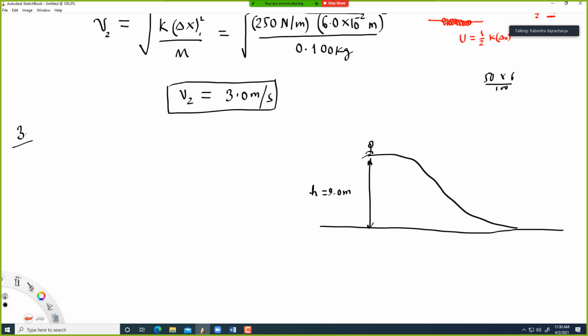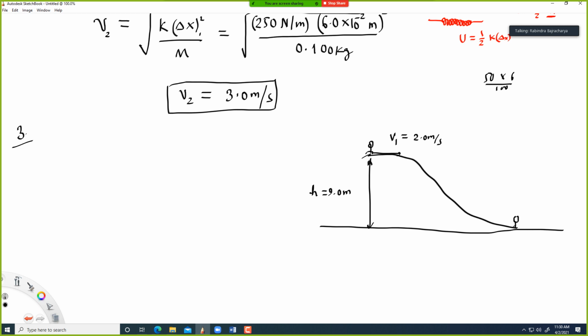So her initial speed, V initial, or let's say V1, is 2 meters per second. And the slide is frictionless, so that means there is no loss of energy. So energy is conserved. And we want to find how fast Katie will be traveling at the bottom.